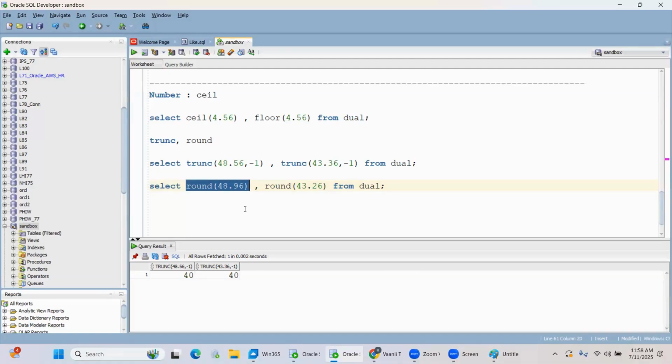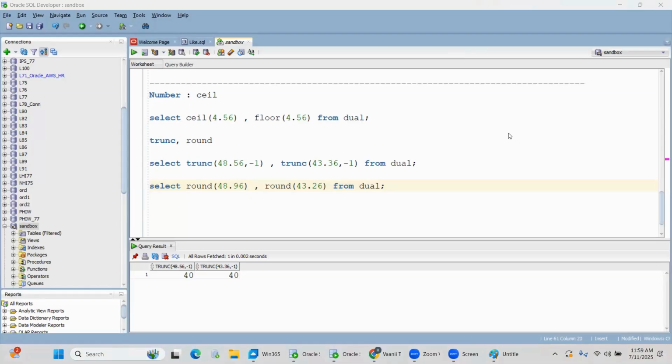Round 48.96, how much will it come up to? So it will come to around 49 because it is more than 48.50. And round 43.26, because it is less than 43.50, it will come to 43. Oh, a little bit wrong, man.